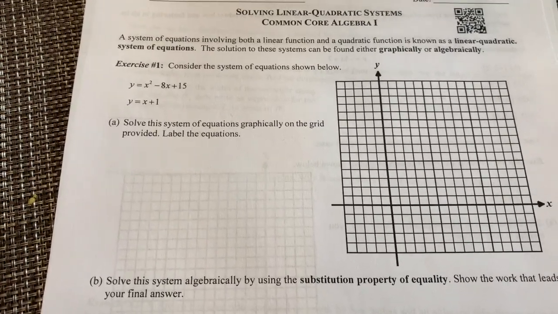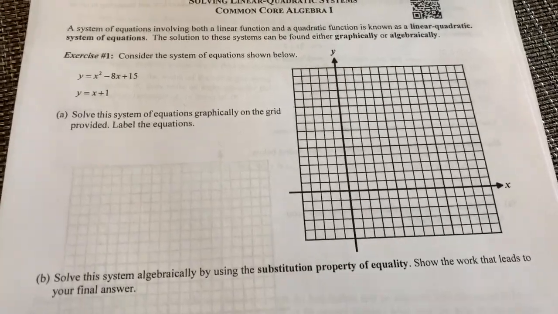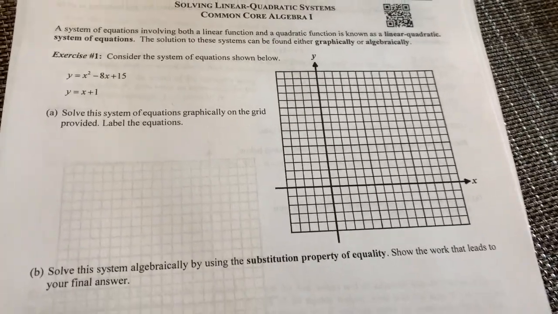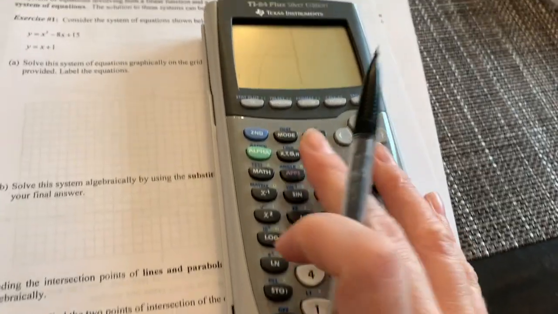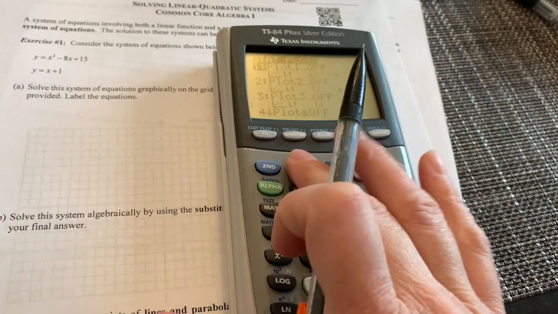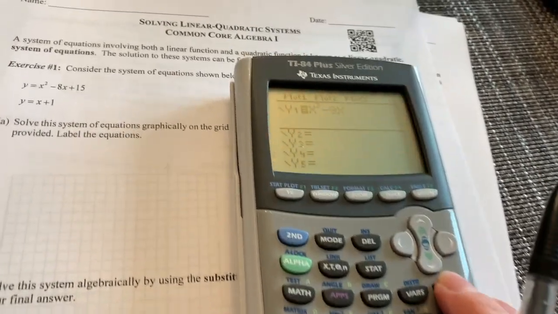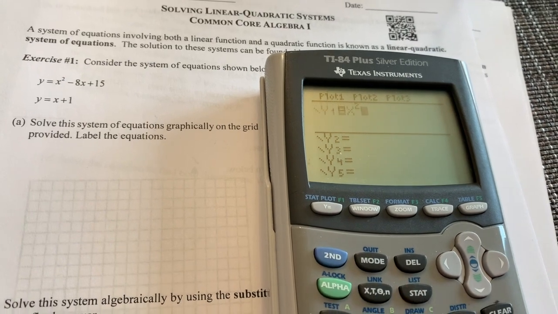Now, we were really supposed to be doing this by hand, which I know is not everybody's favorite, but what we can do is put it in the table and get our points from there, because we have to do this graph by hand. Okay, so x squared minus 8x plus 15.